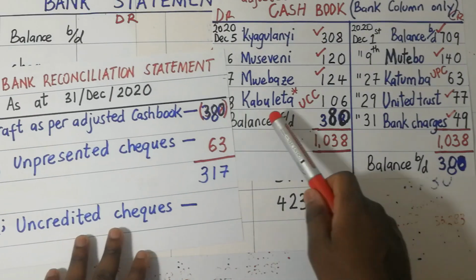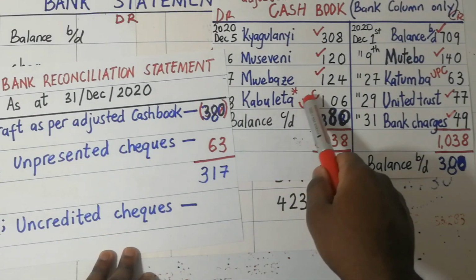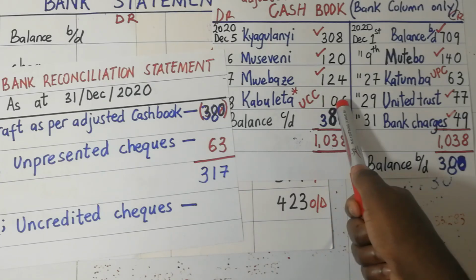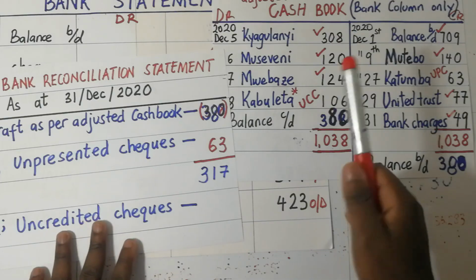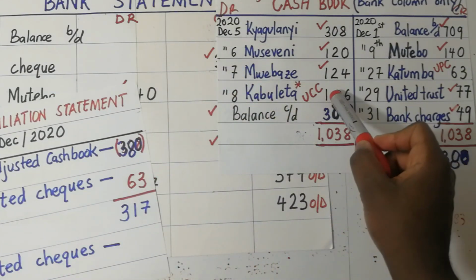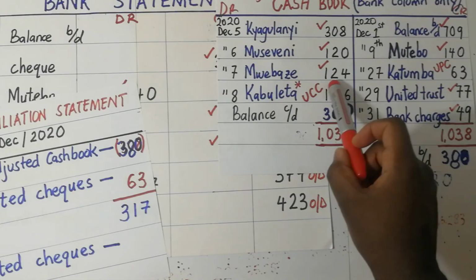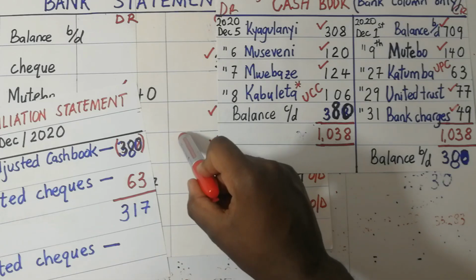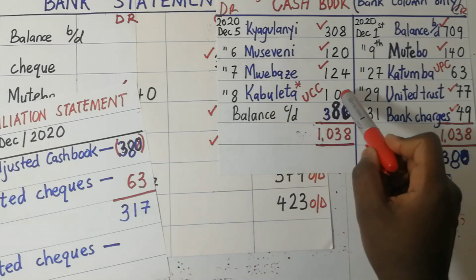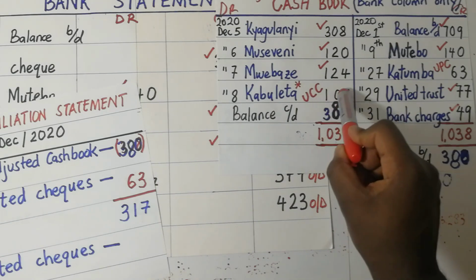In this case, our uncredited check is a check that we received from Kabuleta. We received this check, we took it to the bank, and the bank has not yet credited it to our account. In other words, we have recognized this as money that we have received, but it has not yet reflected in the bank statement. This technically means that we haven't actually received this money.